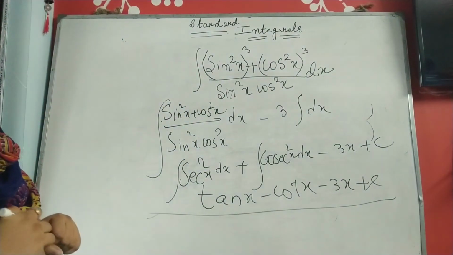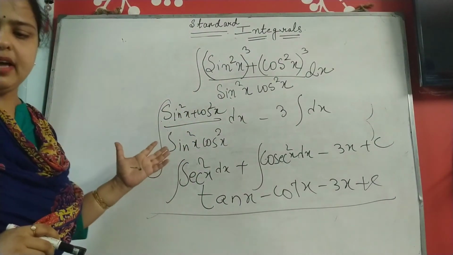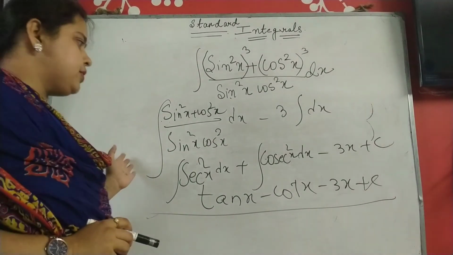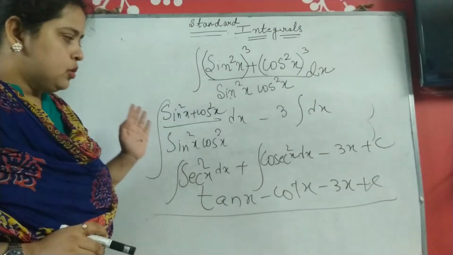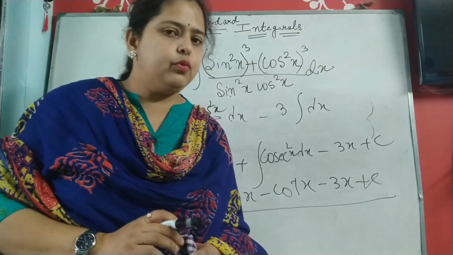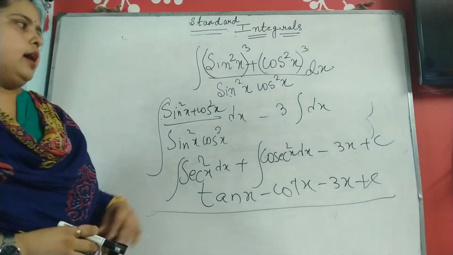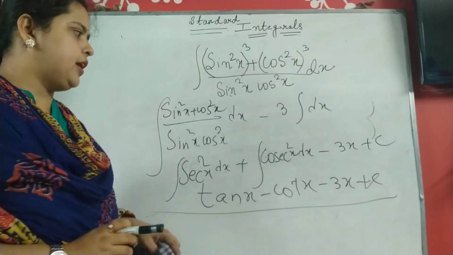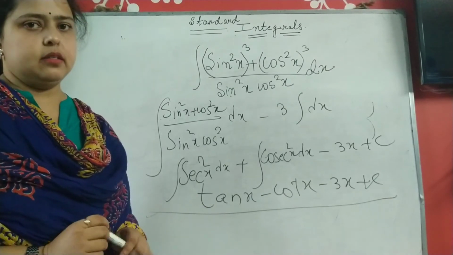Now look very carefully how many times I have blended it and how many times I have applied the trigonometric identity here. There are plenty of problems, children, you will be getting in your book, and in some study material also I will be providing you certain problems for practicing.